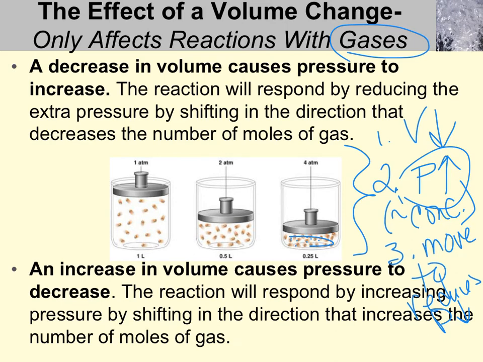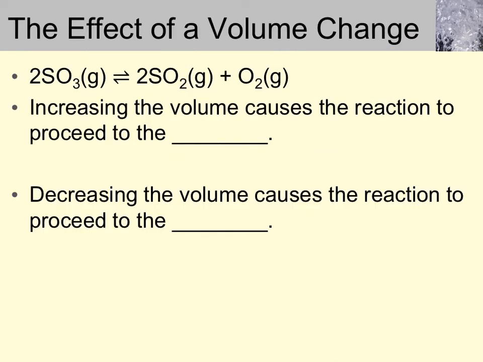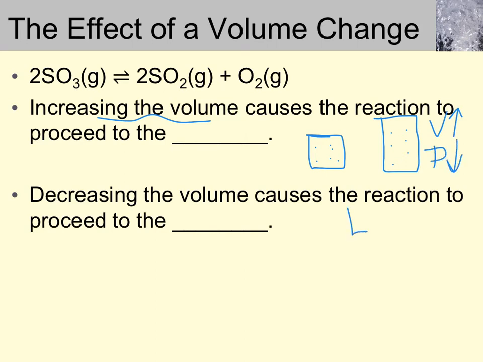So let's look at an example. Let's look at part A. If we increase the volume, so let's say we started with the volume like this, and we increase the volume so that these same number of gas molecules now have a lot more space. Okay, so volume has gone up, that means pressure has gone down. So what does Le Chatelier do to respond? He wants to undo what happened.